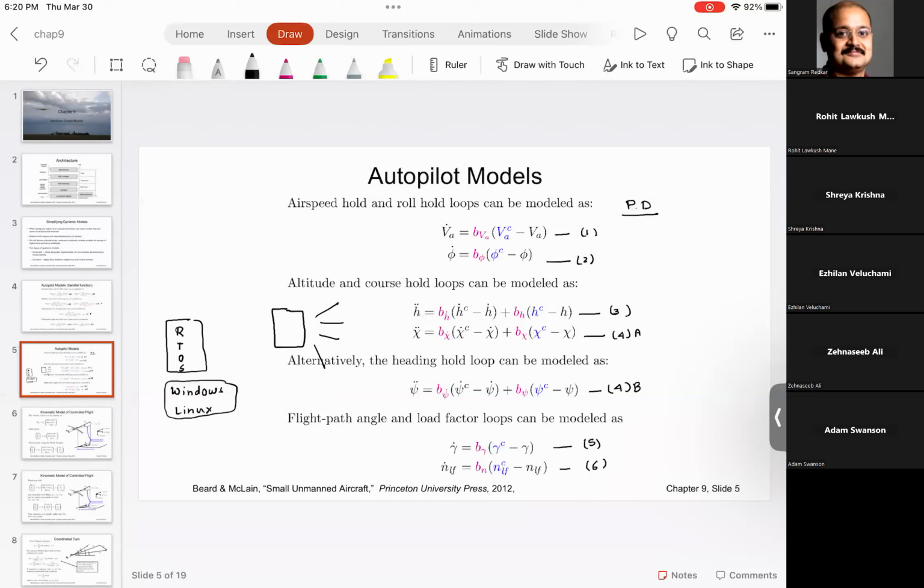Now, in case you are wondering, the Parrot Mambo actually has a microprocessor inside. It's an ARM Cortex A9 microprocessor that runs embedded Linux, and that allows the Parrot Mambo drone to function the way we want.